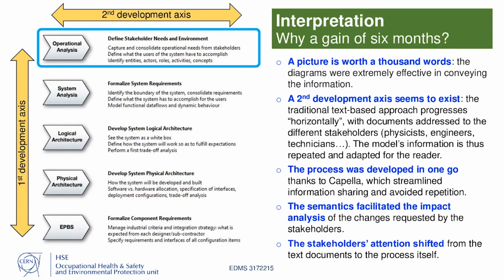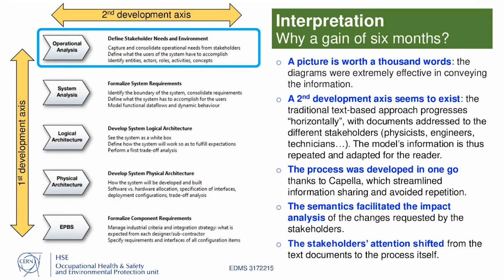So this axis is there, and the traditional text-based approach progresses along this line with documents that are addressed to these different stakeholders. And the model's information is therefore repeated and adapted to the reader.